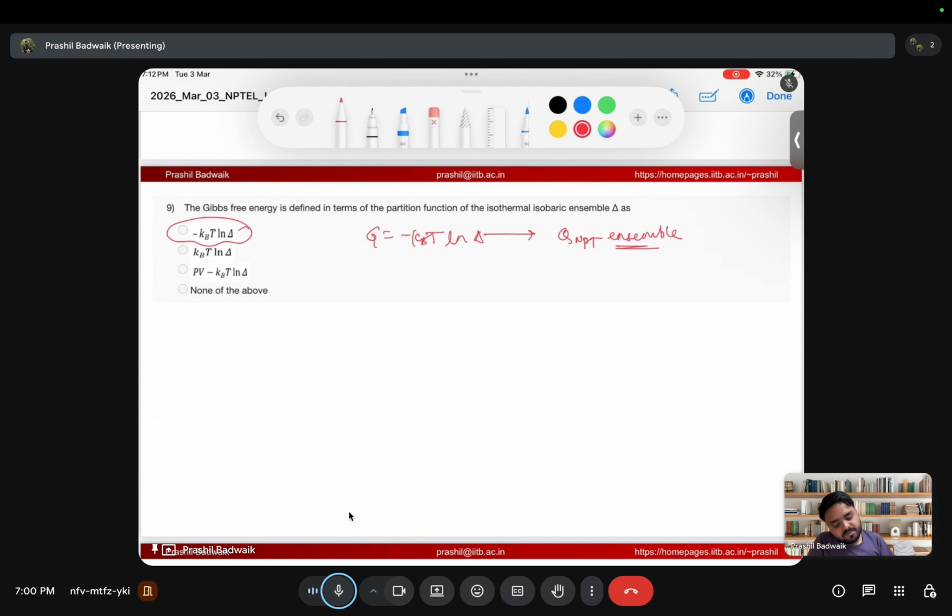NPT here again, as we saw last time, summation over volume, summation over energy, exponential of minus kBT, or I'll just write beta Ej, then minus of gamma into the N. Right, so this is the answer.